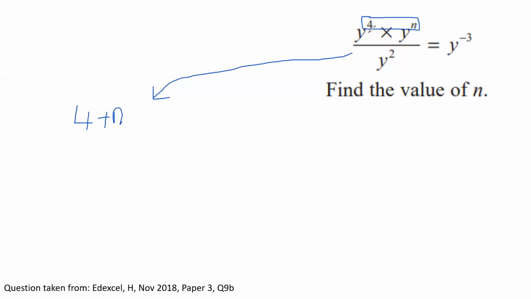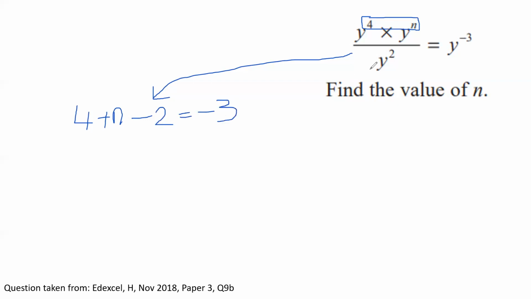So we know that y to the power of 4 times y to the power of n is the same as just adding this 4 plus n. We've then got that total divided by y to the power of 2. Again, if we're dividing powers, we know that means we can subtract them. So we've got 4 plus n, and then we take away 2 for this power of 2 here. And we know that that whole thing equals minus 3.